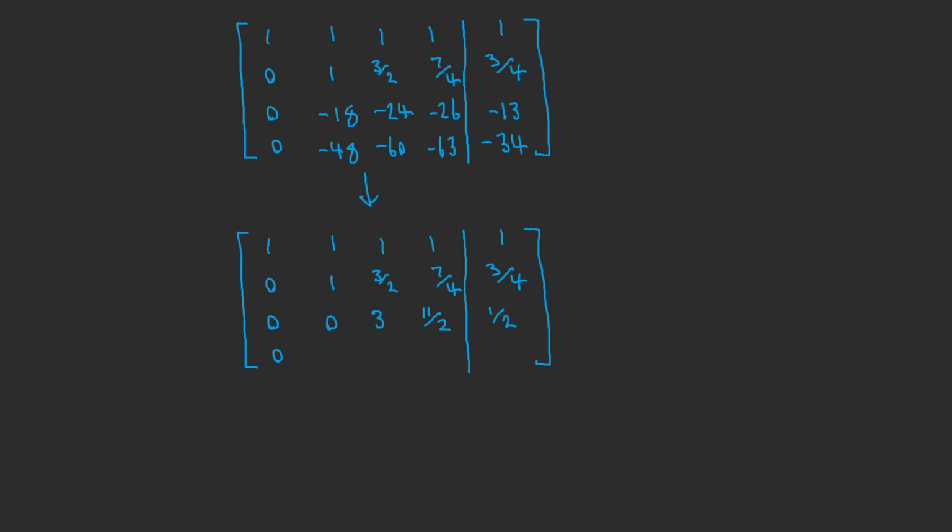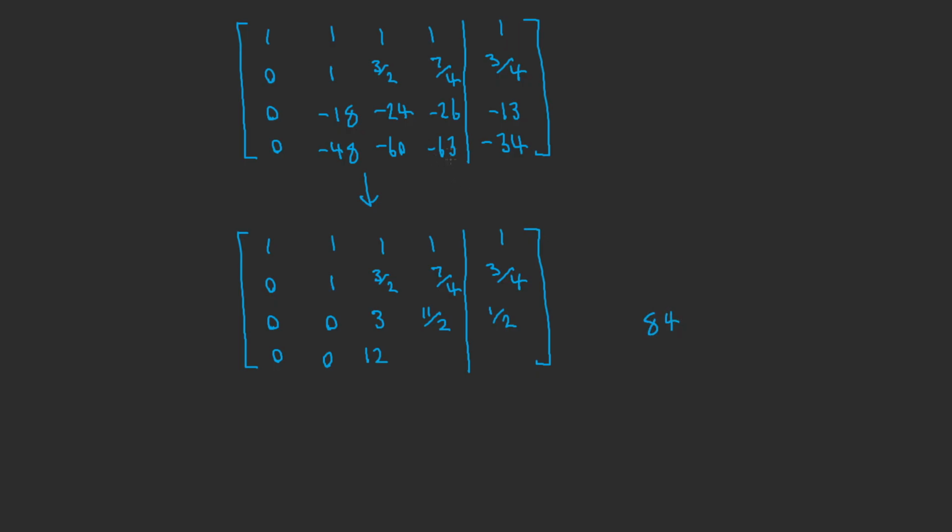Got another one here. I need to add 48 copies of this row to the third row. This is going to become a 0. 48 times 3/2 is just going to be 24 times 3, which is 12 times 6, which is 72. 72 minus 60 is 12. Okay. 48 times 7/4 is 12 times 7, which is 84.